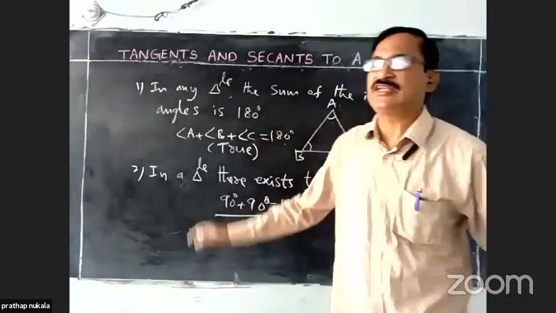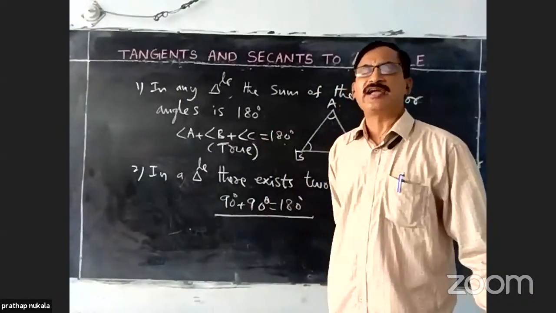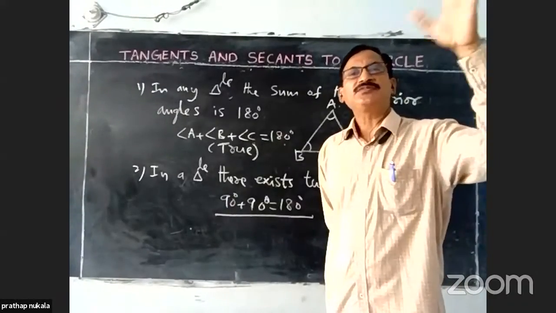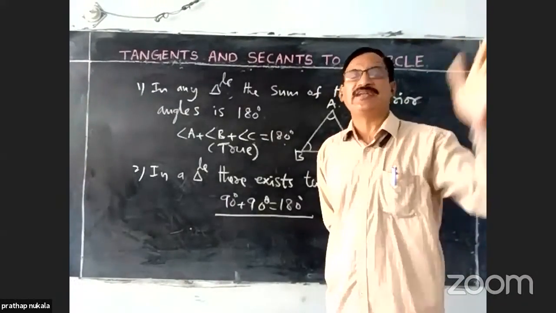If it is 90 degrees, then it is called a right angle triangle. Then the other 2 angles become acute, that means less than 90 degrees.